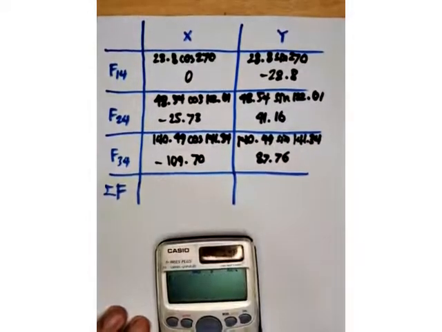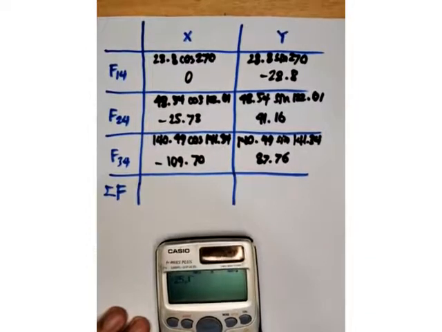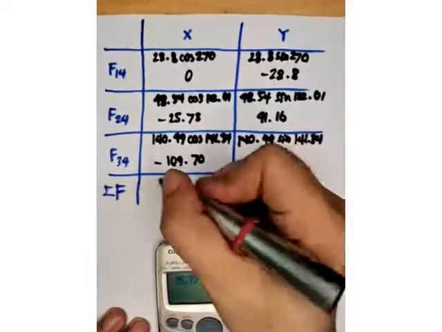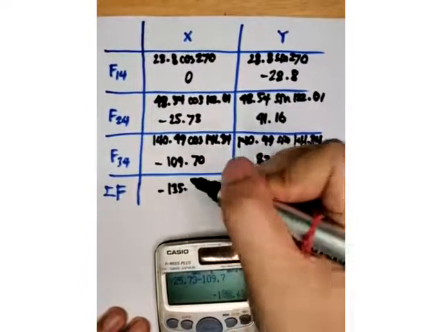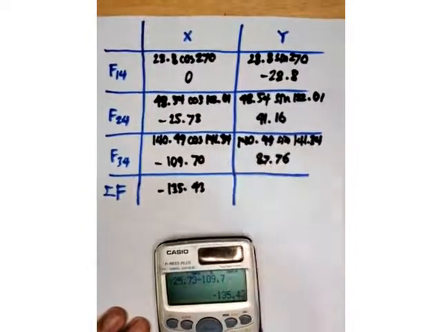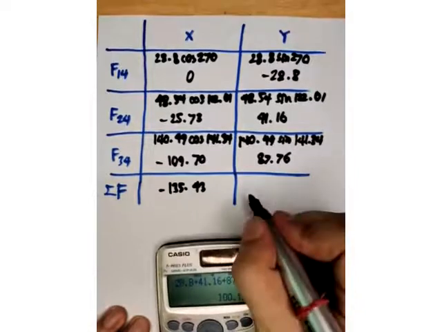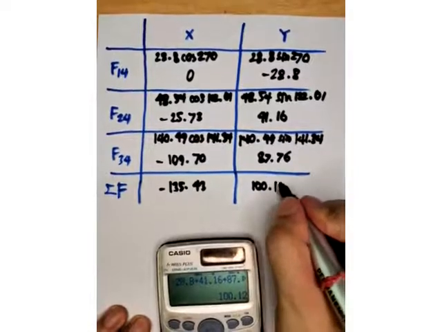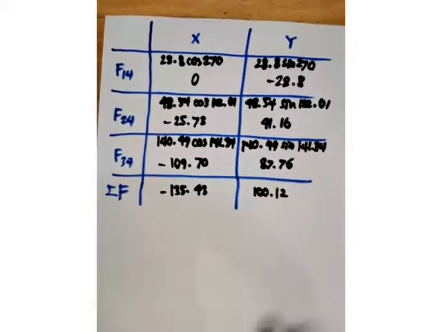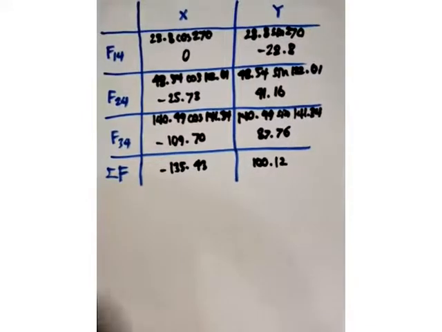So add natin, so that's negative 25.73 minus 109.7. That's negative 135.43 and negative 28.8 plus 41.16 plus 87.76. Okay, 100.12. 100.12. So let me check my answers if they are.